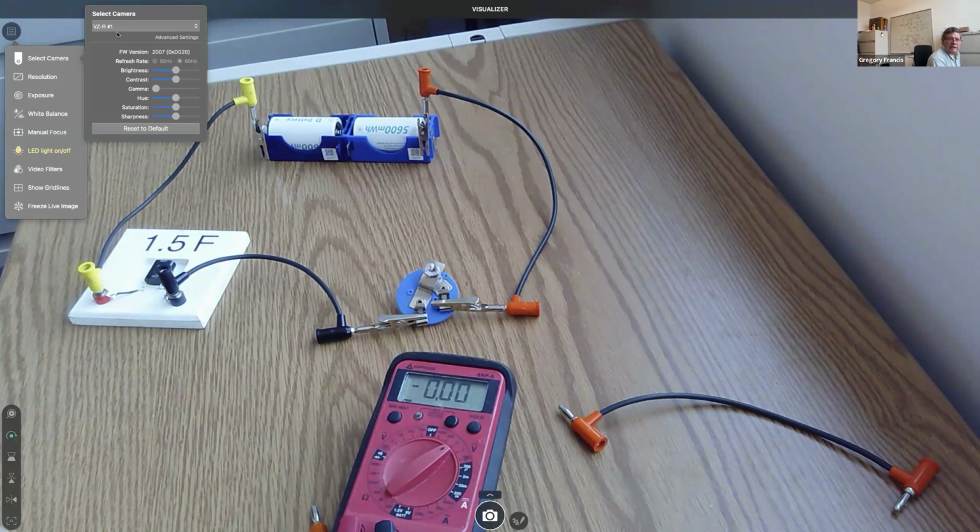You see the bulb is getting dimmer and dimmer until it goes out. And once again, we've done these measurements before.